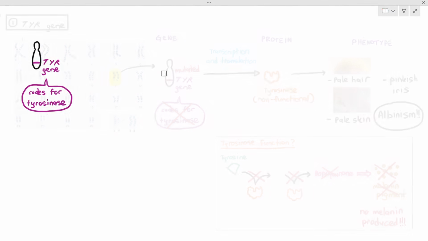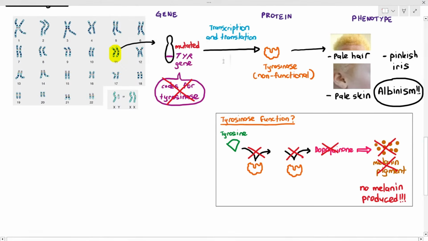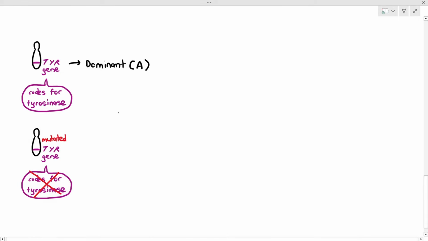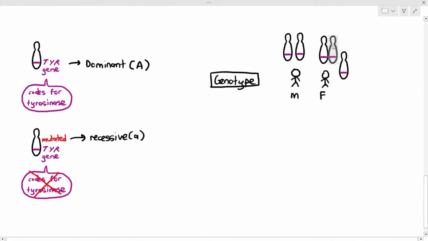And of course, it's also important to know that the normal TYR gene, which is not mutated, is dominant, which I'll refer to as capital A. The mutated TYR gene is usually recessive, which I'll refer to as small a. And because these genes are located on the autosomes, the males will have 2 alleles, the females will also have 2 alleles equally.